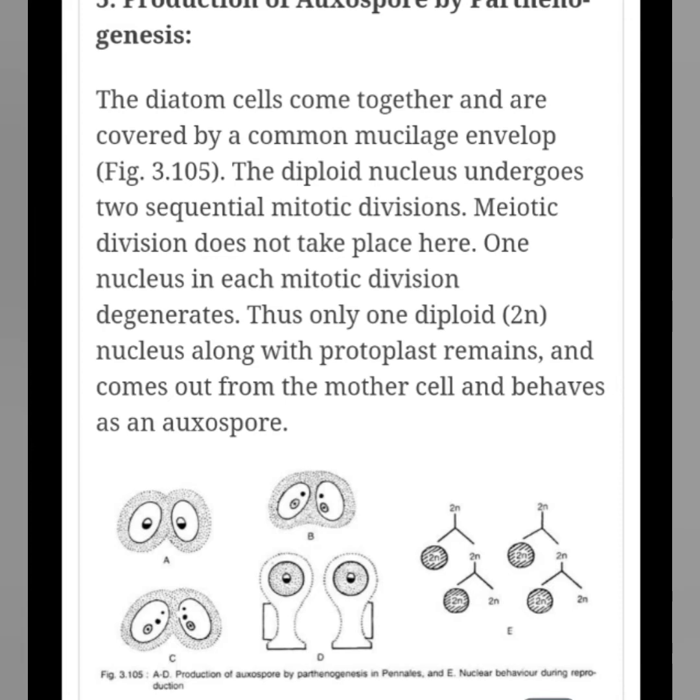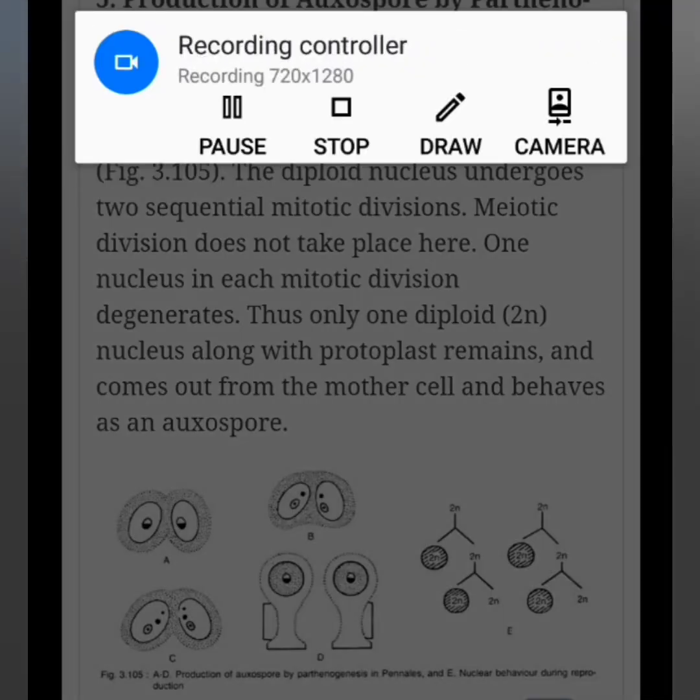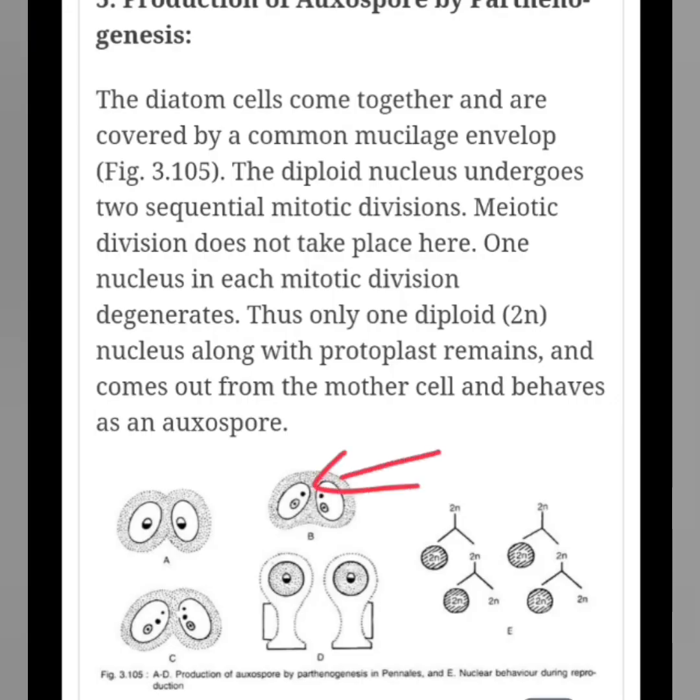That means in each single cell, you can see in figure B what happens when mitotic division occurs. One nucleus will degenerate and the other diploid nucleus along with the protoplast remains, and this will come out and behave as the auxospore.